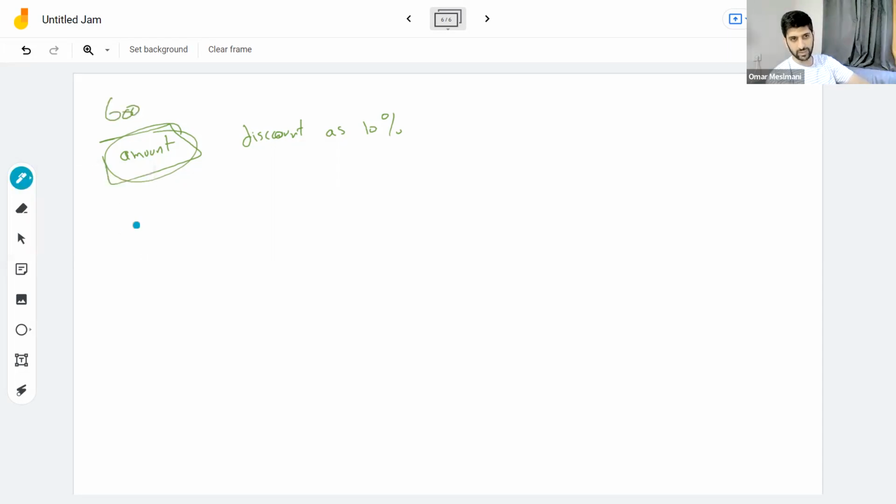Here we have two ways to calculate it. Let's say the amount is 600. You can say 600 multiplied by 10% and you get the answer 60. Then you take the amount that you have and subtract 60 and you get the final answer.